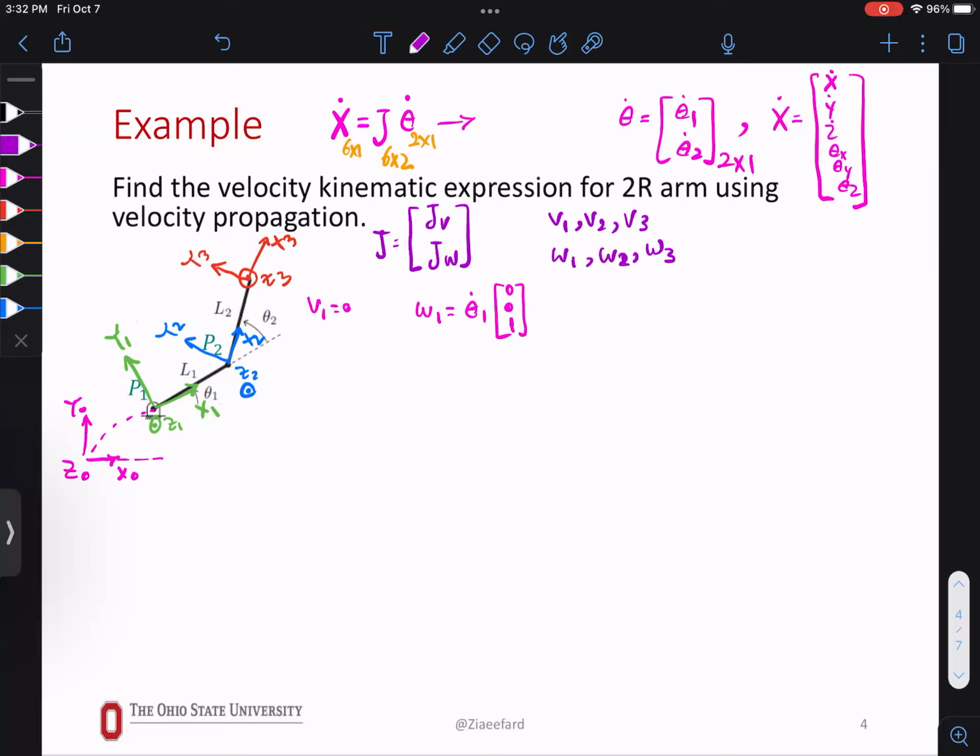Now let's write the second one, V2. If you're in the for loop, i equals 1, now i equals 2, i equals 3, so you're solving it multiple times. Now for V2, we have V1 plus omega 1 cross product of P2. I'm calling these P2 and P3.